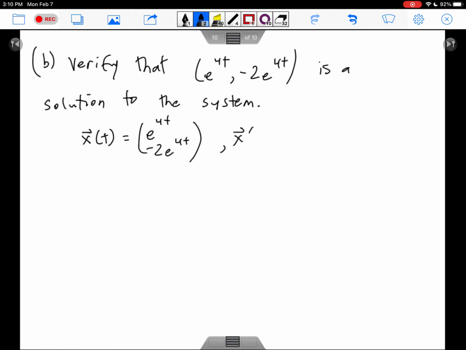So there's my x vector. Let's go ahead and take our derivative of our x vector. Taking our derivative, using the chain rule, we have 4e to the 4t on the top, and negative 8e to the 4t on the bottom, right? That's our derivative. Pretty simple to take.